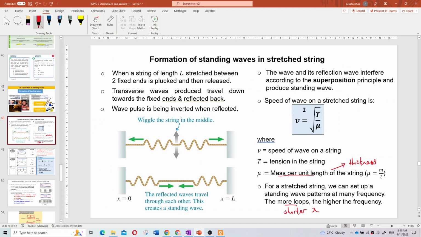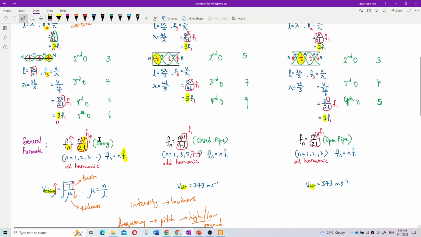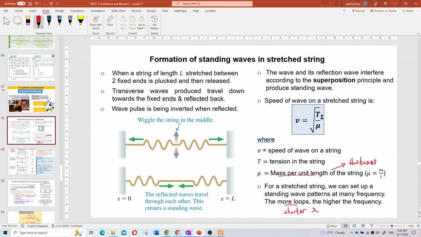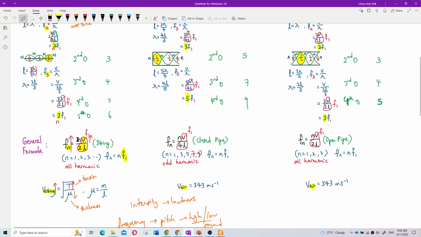If the speed of wave on the string increases, the frequency also will increase. So if you increase the tension, that will increase the velocity, and the frequency of sound produced by the string also increases.